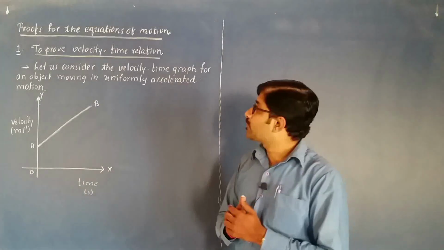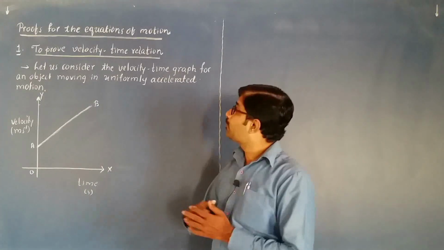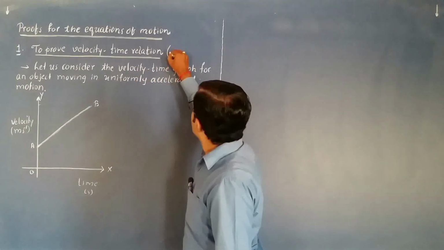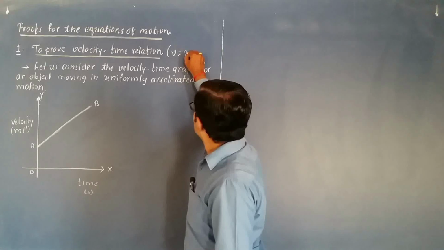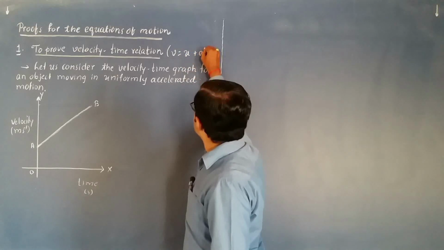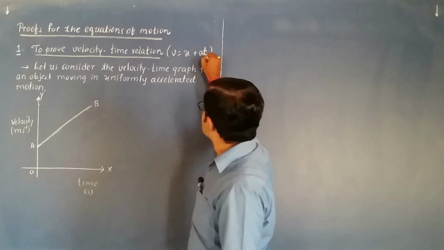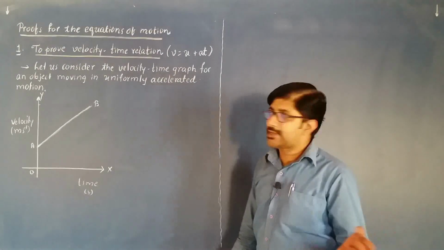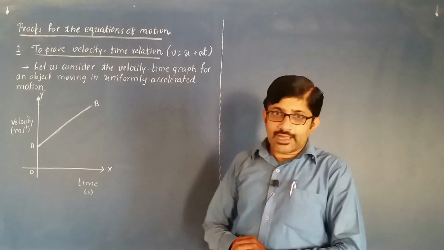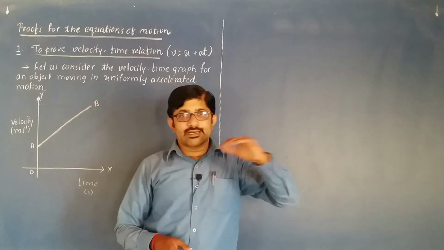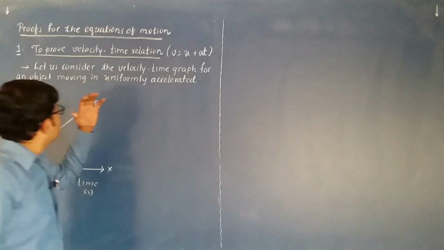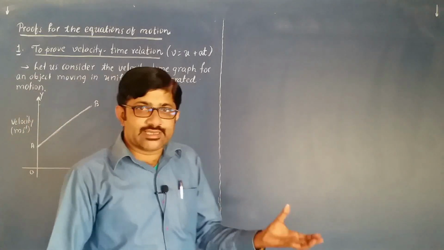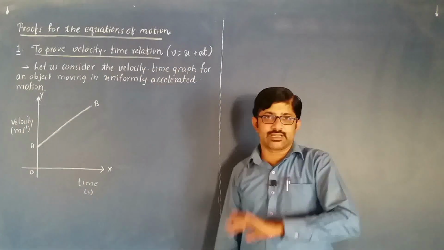one by one. The first amongst them is to prove the velocity-time relation, that is v is equal to u plus at. We need to prove this equation. How is v equal to u plus at? For that, let us consider the velocity-time graph for an object which is in uniformly accelerated motion.